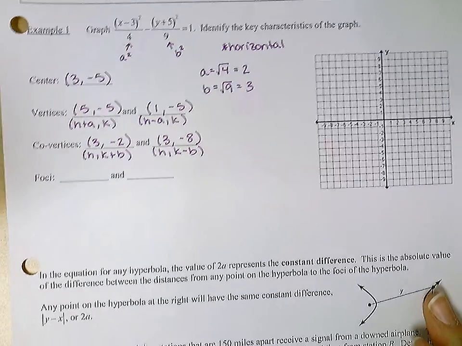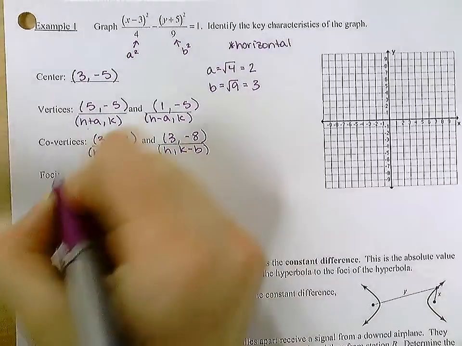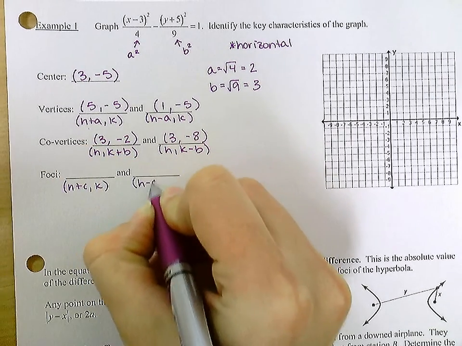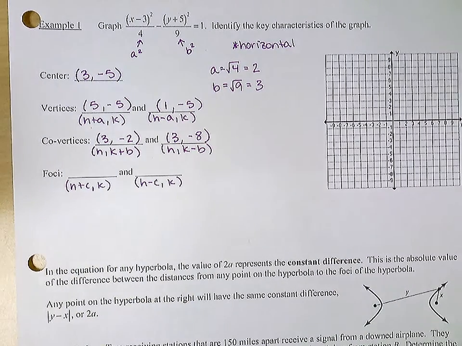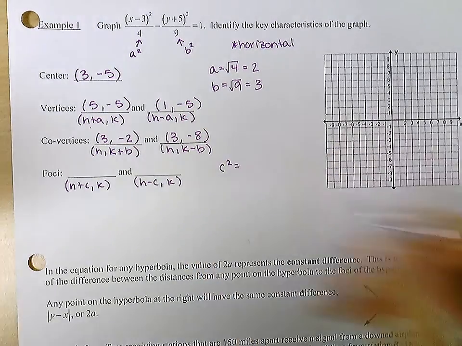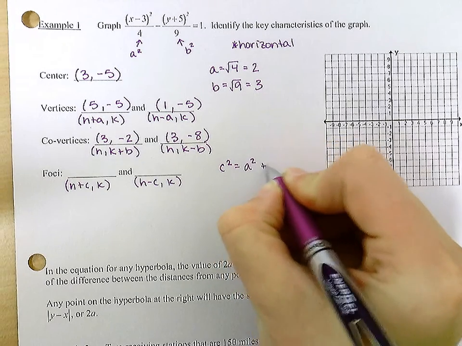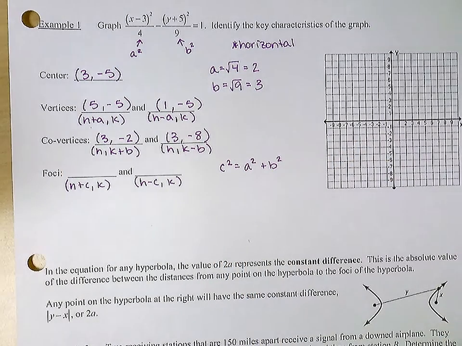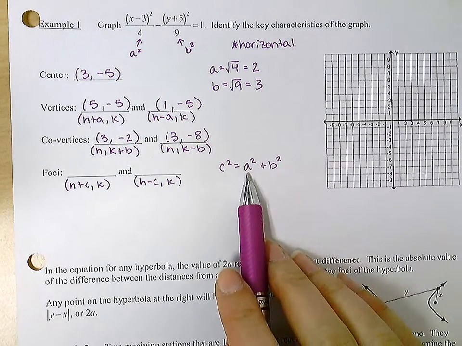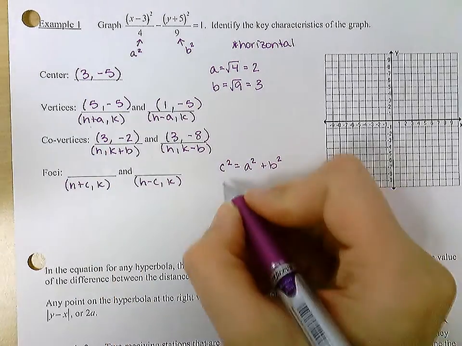Then our foci points are at (h plus c, k) and (h minus c, k). So we will have to solve for c. To find what c is, we need to use the equation c squared is equal to a squared plus b squared. We can plug in our a squared value, which is just 4.